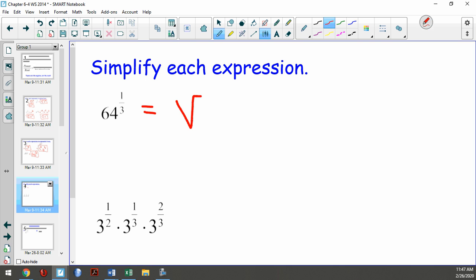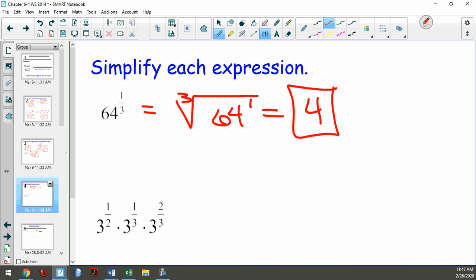So I have 64 as my base, and what is the power on the base? 1, and what is the root? 3. So now I'm asking you, what number multiplied by itself 3 times is 64? 4. It is 4. Done. 4 times 4 is 16, times 4 is 64. Do we understand that, yay or nay?